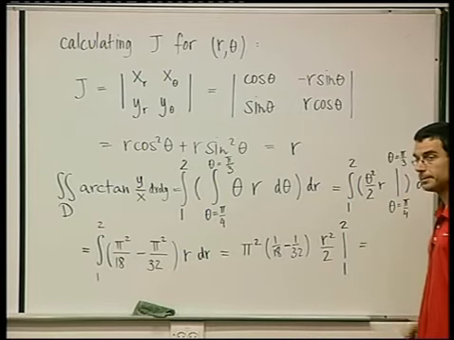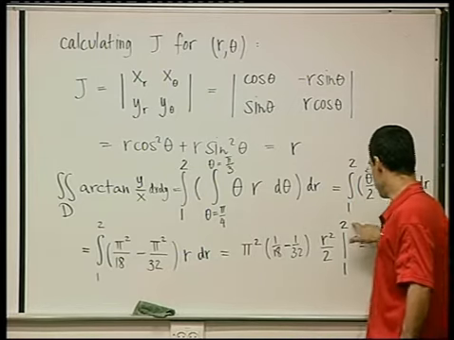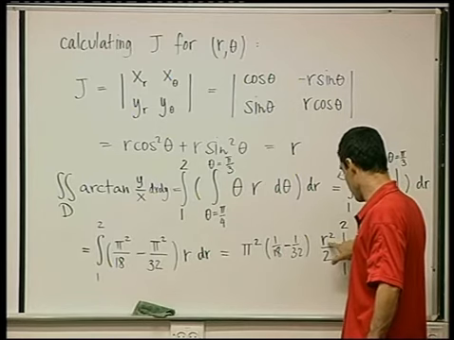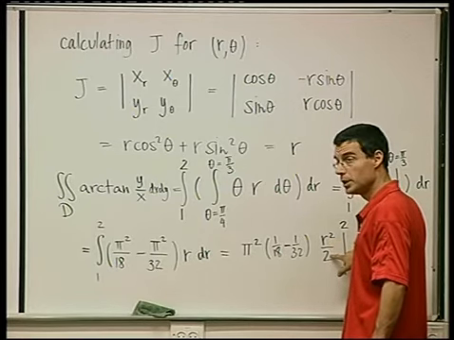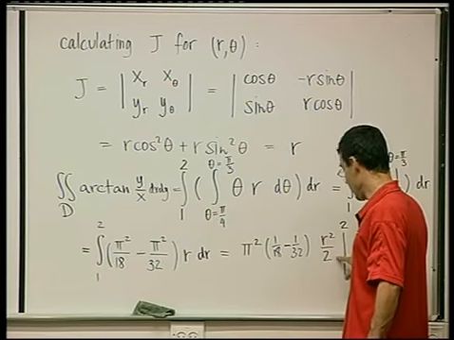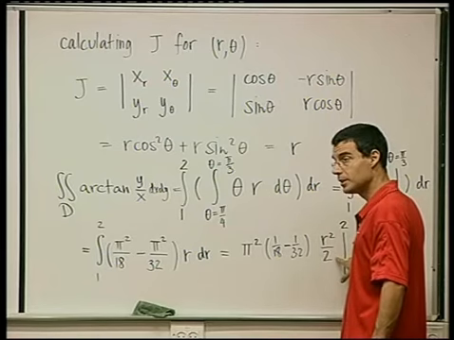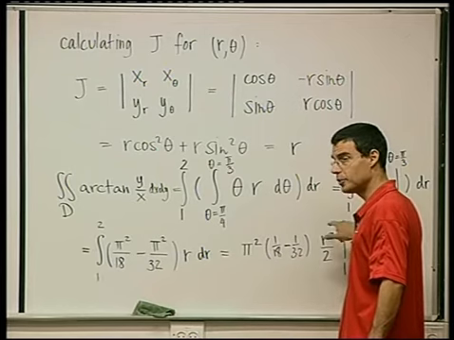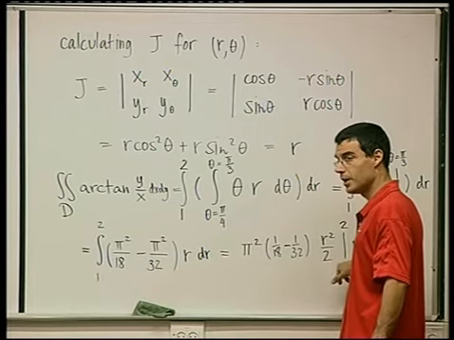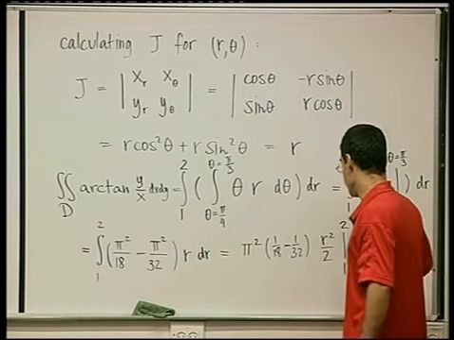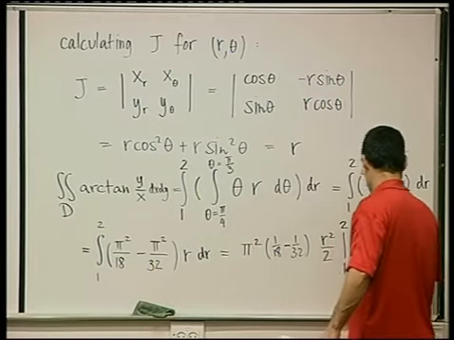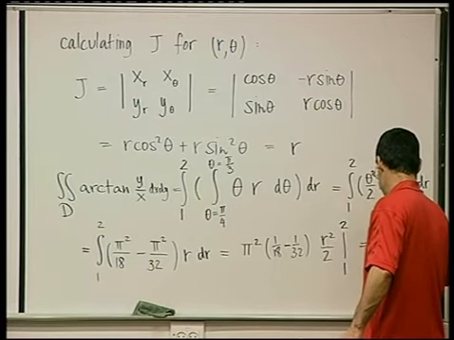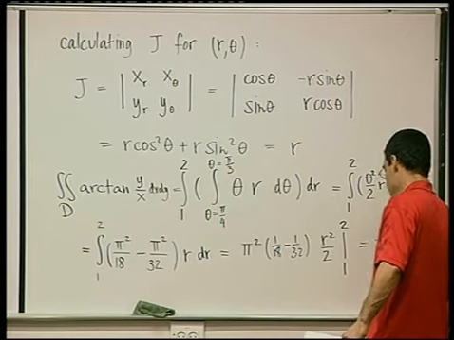Do you agree? So we get what? When we plug in a 2, we get 4 over 2, which is 2. We plug in a 1, we get 1/2. 2 minus 1/2 is 3/2, so 3 over 2. So we have pi squared times 3 over 2.